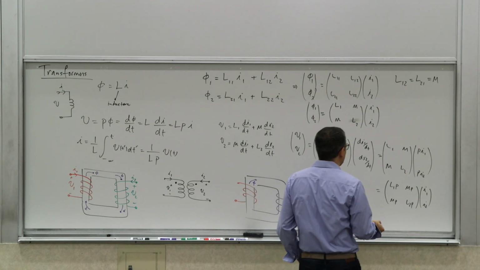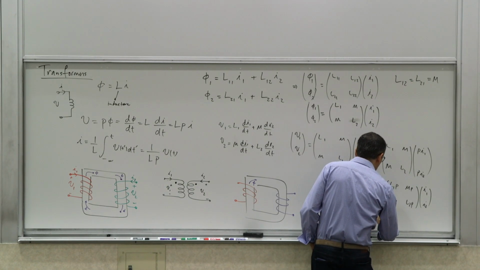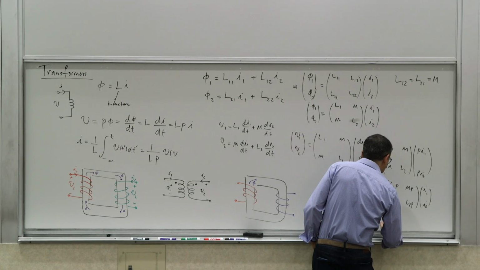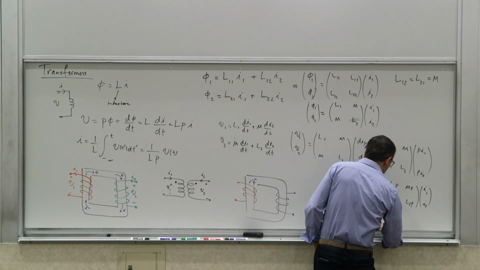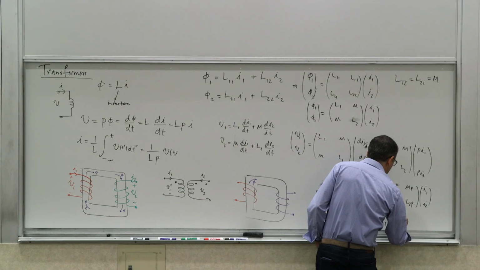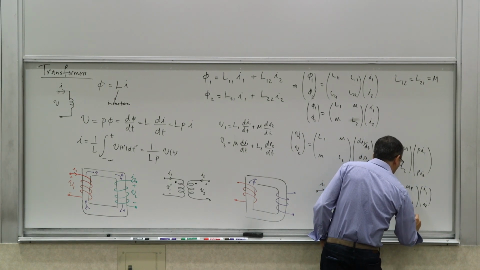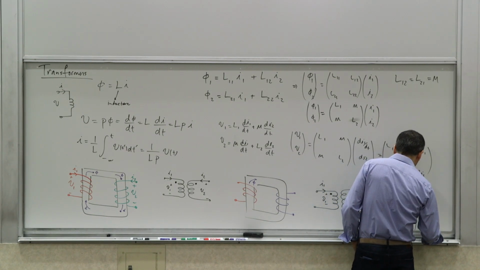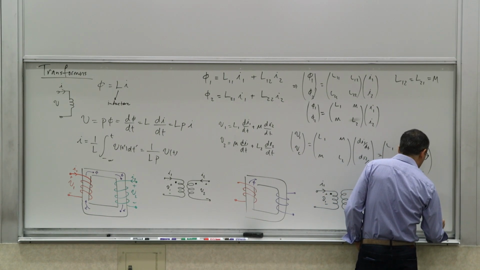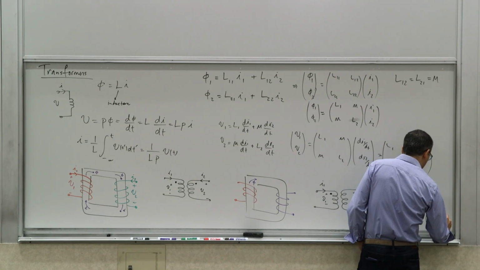And of course, if you wanted to write it in Laplace or Fourier, alternatively, in the Laplace domain it would be L1s, Ms, Ms, L2s times I1 and I2. And if you wanted to go to the Fourier domain, then it would be L1 j omega, M j omega, M j omega, L2 j omega.